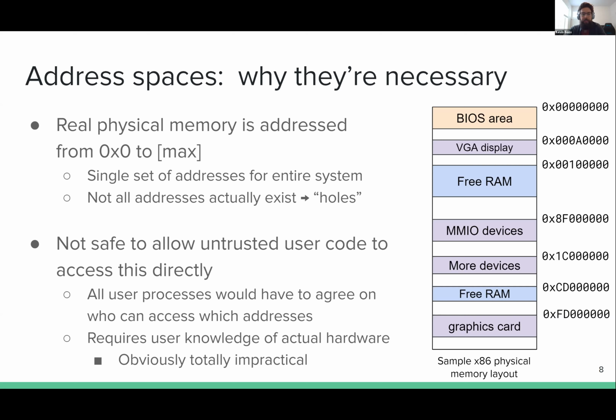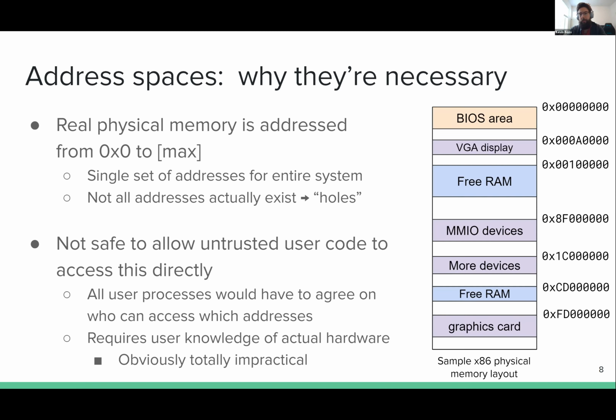So this is basically saying there's a single set of addresses for the entire system, physical addresses at least. However, not all of those addresses actually exist, and this leads to a lot of holes in the physical memory space. Here's an example on the right side of a sample x86 machine. In low memory, at lower addresses, maybe under 1 megabyte, you have BIOS areas, things to help the system boot up.